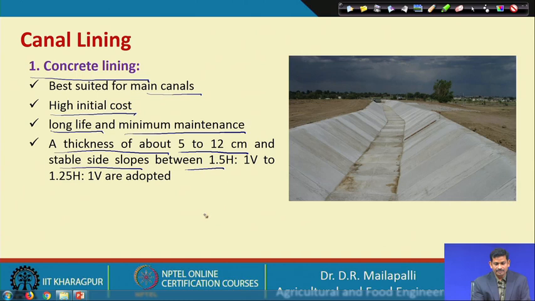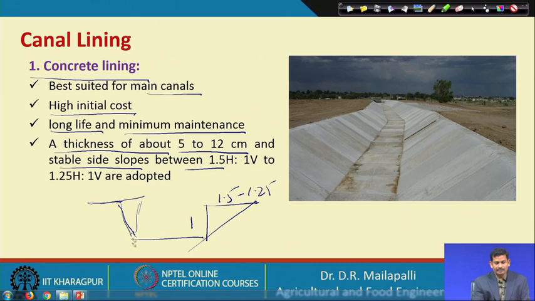Okay. So, if this is the side slope you are expecting, or 1.25 horizontal to 1 vertical. So, it should be like 1.5 to 1.25, and this is vertical. Okay. So, the channel should be like this.